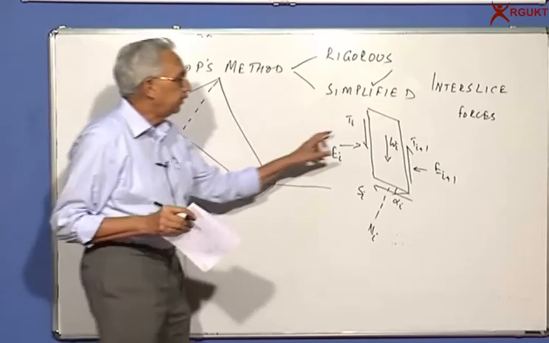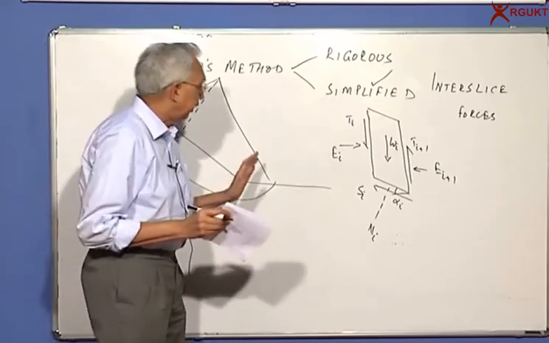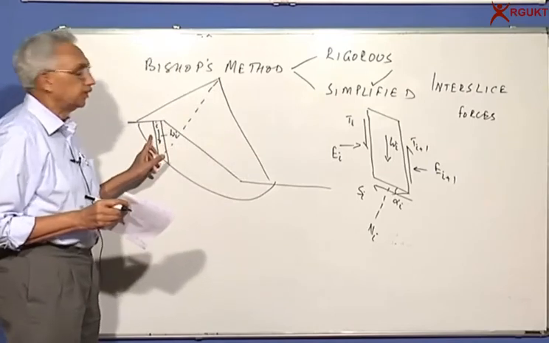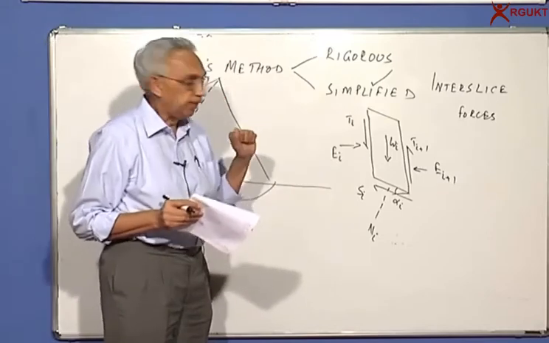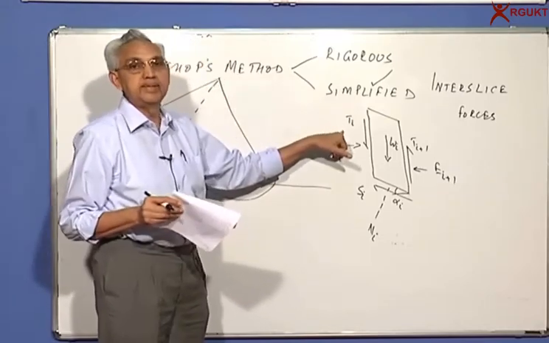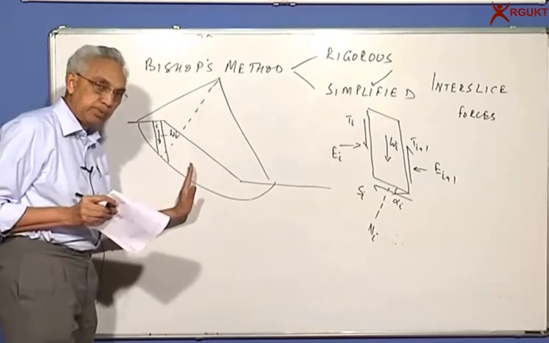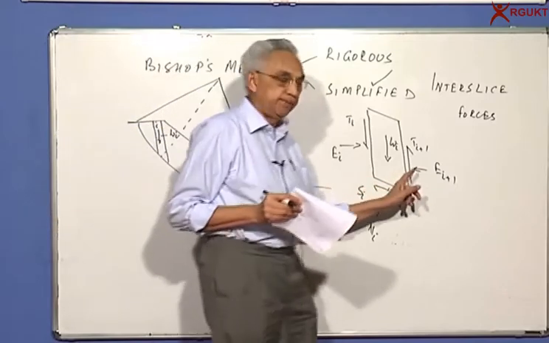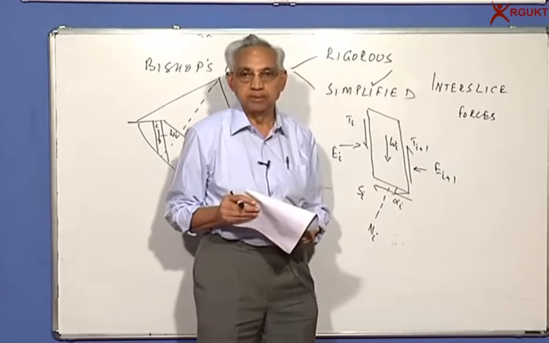So the activating forces on the slice, each one is independent, but it's interacting with the adjacent ones. So the force on the left side, we can say the normal force is called Ei and the tangential force is Ti. And because this slice is trying to move to the right, the slice on the right will try to give opposite forces, Ti plus 1 and Ei plus 1.